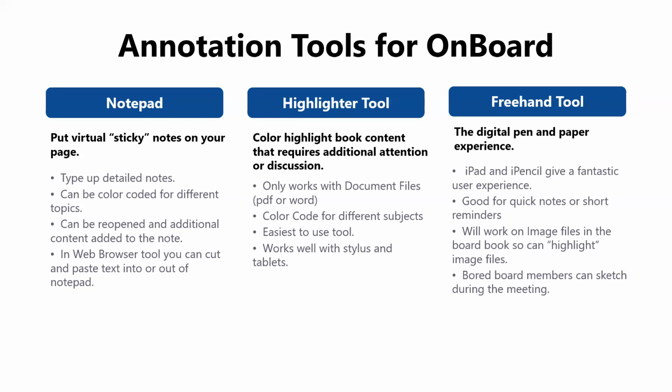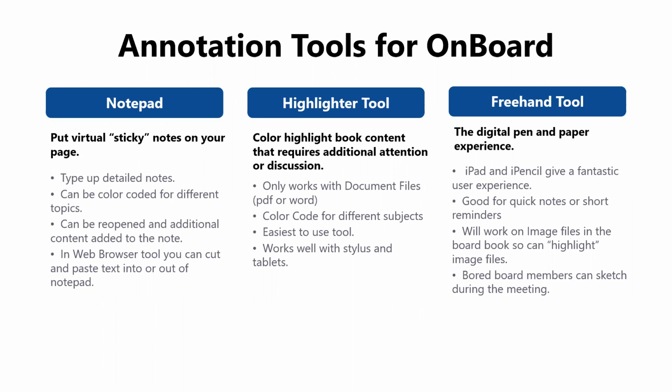You can use it as a stencil tool, be able to sketch a little, draw a little during the board meeting if you have an artistically inclined board member who might be a little bored. But it's really nice for quick notes or short reminders. If you want to circle something that you feel is worthy of more attention, you can do so with that.